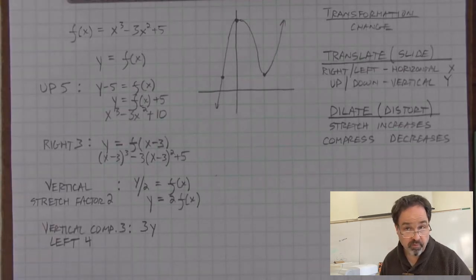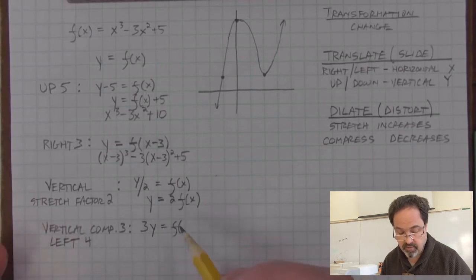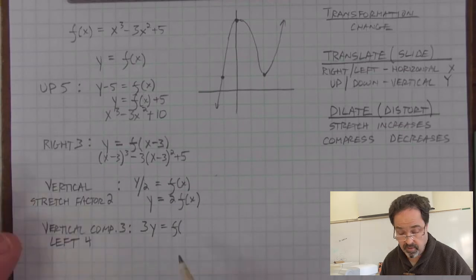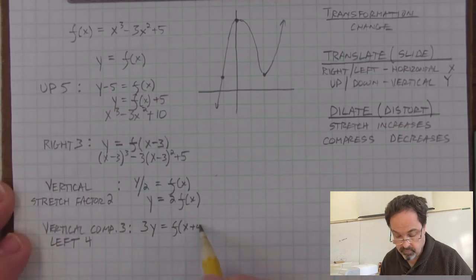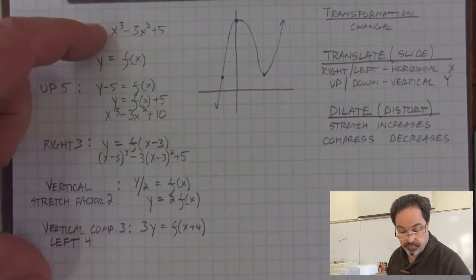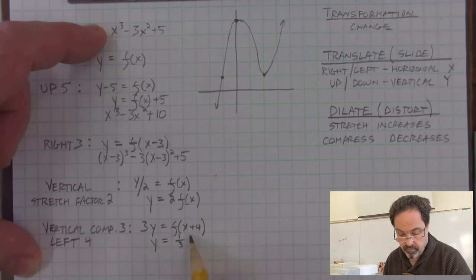Left is a horizontal change. So we're going to modify x. We think left goes in the negative direction, but it's counterintuitive. We have to add to go to the left. How does that affect the equation? Well, I could solve for y first by dividing both sides by 3, or multiplying by a third.